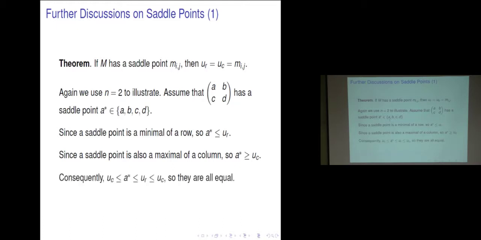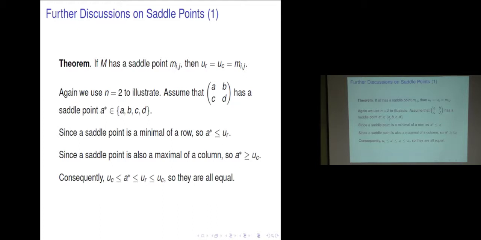Now that's enough. Let's read it again. U_C is less than or equal to A star, and A star is less than or equal to U_R. But we have shown U_R is always less than or equal to U_C, by the previous lemma. Therefore, we have this chain.